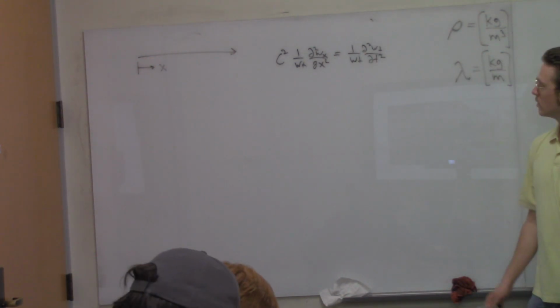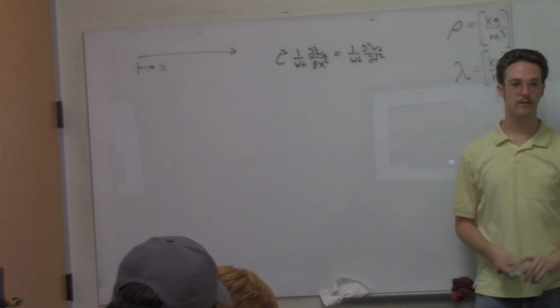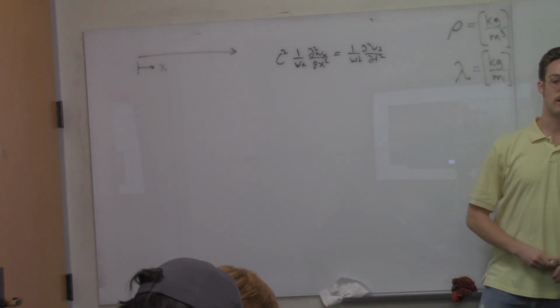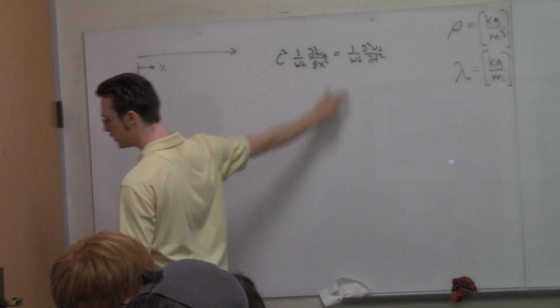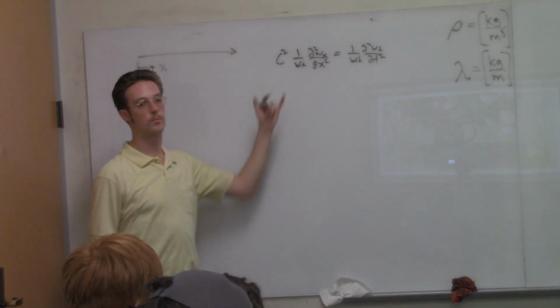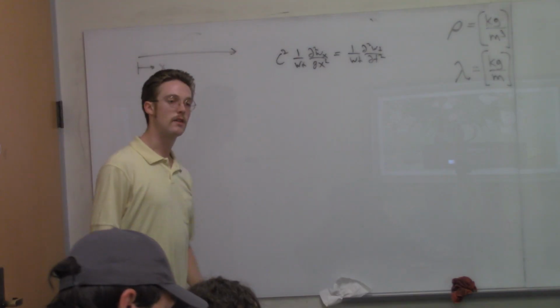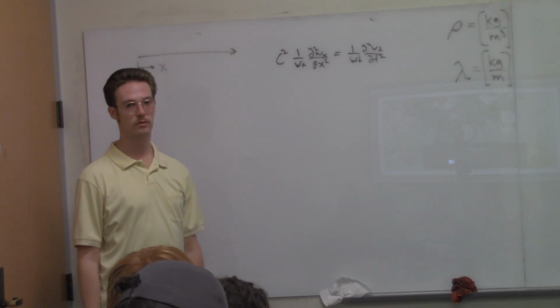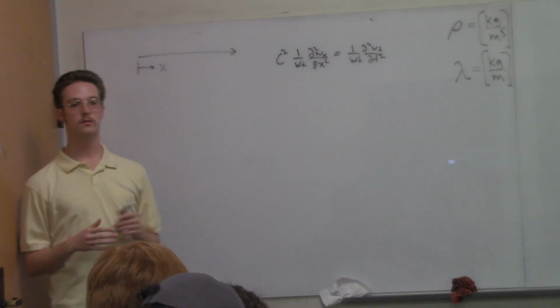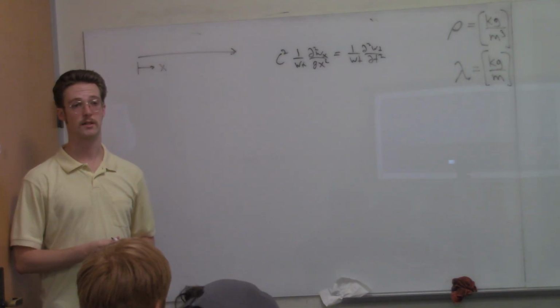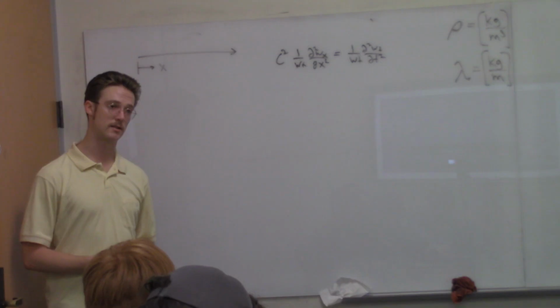Now, these are two separate functions dependent on two separate variables, and somehow they're always equal to each other with a constant proportionality. Now, the only way that's true, if these two totally unrelated variables are always the same, is if both of them are constant, and they're both equal to the same constant.